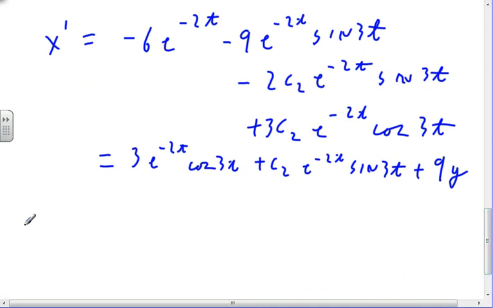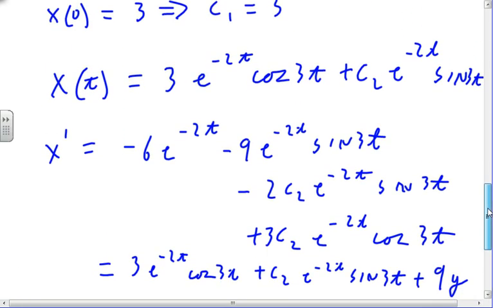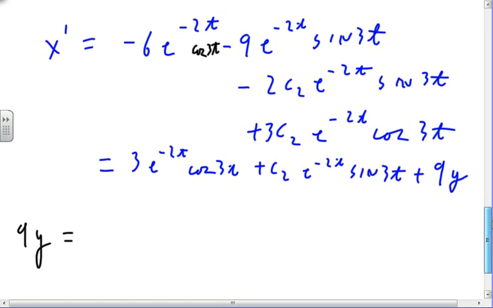Okay, so 9y equals, okay, everything else goes on the other side of the equation. How can that be? And it can't be. There has to be a cosine 3t sitting right here. Cosine 3t. Okay, that's better now. I like that better. So I got cosine 3t, another cosine 3t.